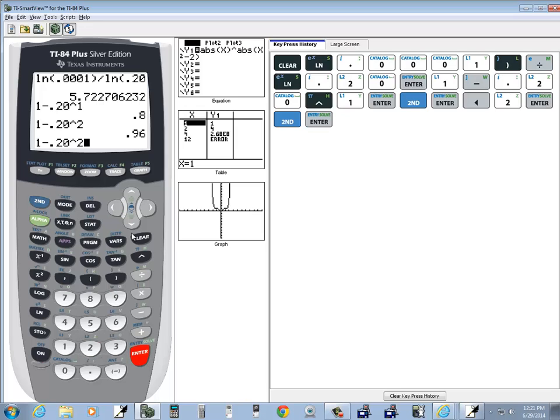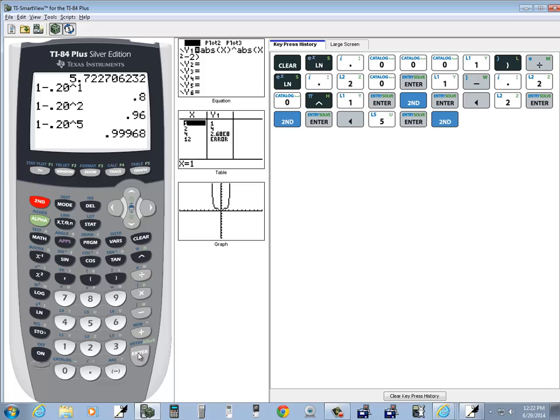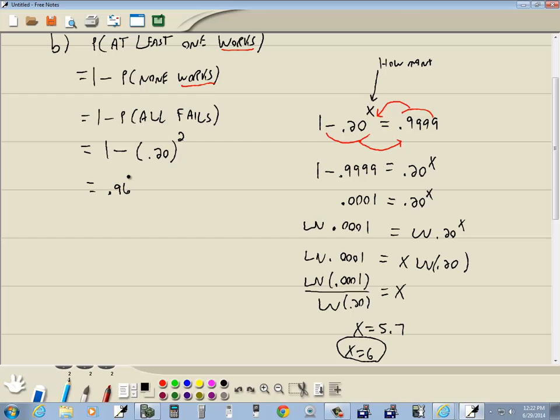Second enter. As I keep putting numbers in here, I'm going to put 5 in. I get this. Second enter. Put 6 in. Eventually you're going to see, okay, there it is, 0.9999. So that tells you that 6 would be the amount you want. Again, that's the easier way instead of using the college algebra.